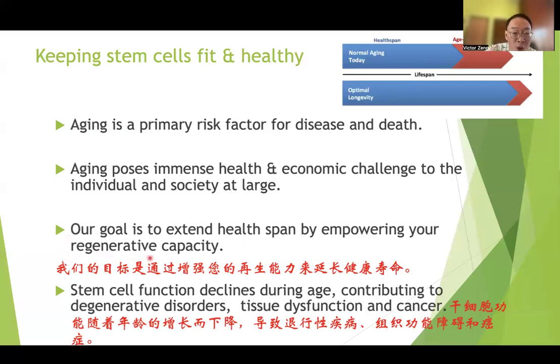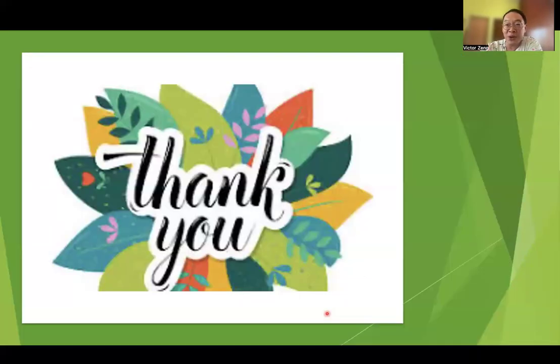Stem cell function declines with age, contributing to degenerative disorders, tissue dysfunction, and cancer. Thank you.